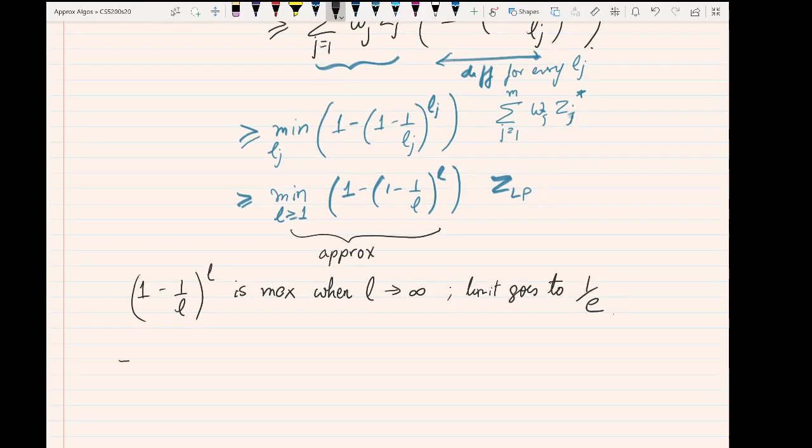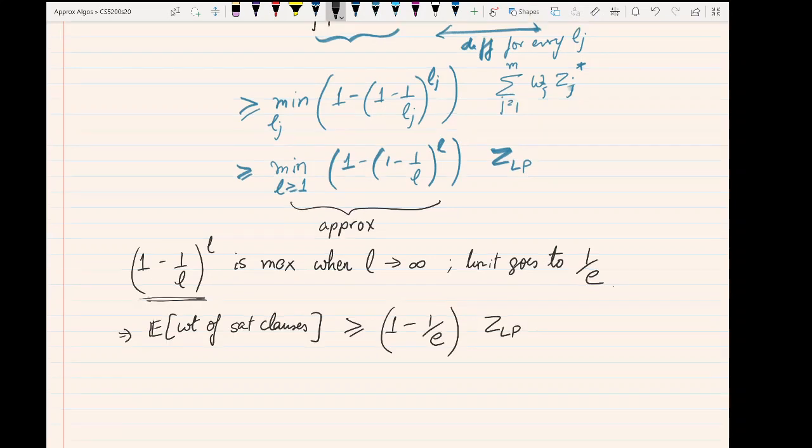So the expected weight of satisfied clauses is at least 1 minus 1 over E, because the quantity (1 minus 1 over L) whole raised to L is maximum. So 1 minus this quantity is minimum, and the minimum value is 1 minus 1 over E times ZLP.